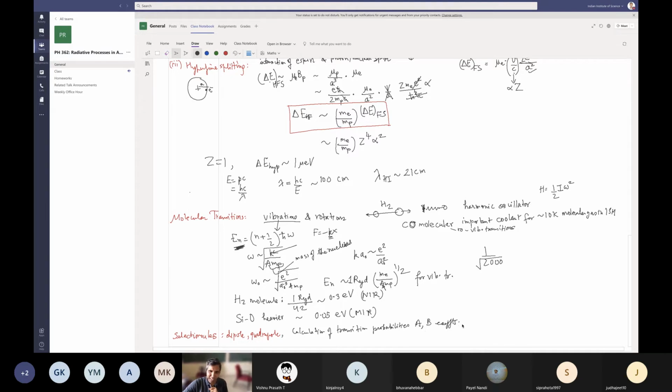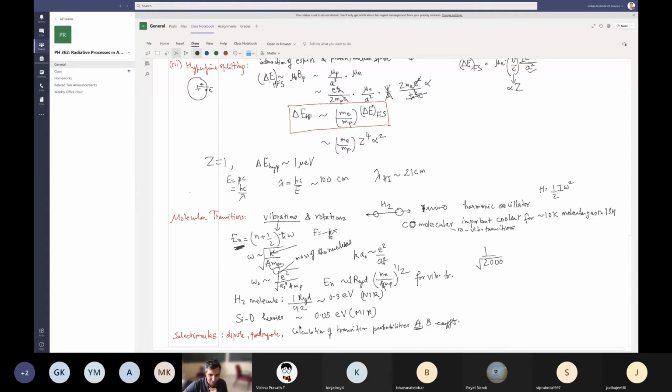This is the whole purview of atomic physics. They calculate these energy levels and tell us the selection rules and the strength of Einstein's A and B coefficients and so on. But we are not going to do that in detail.